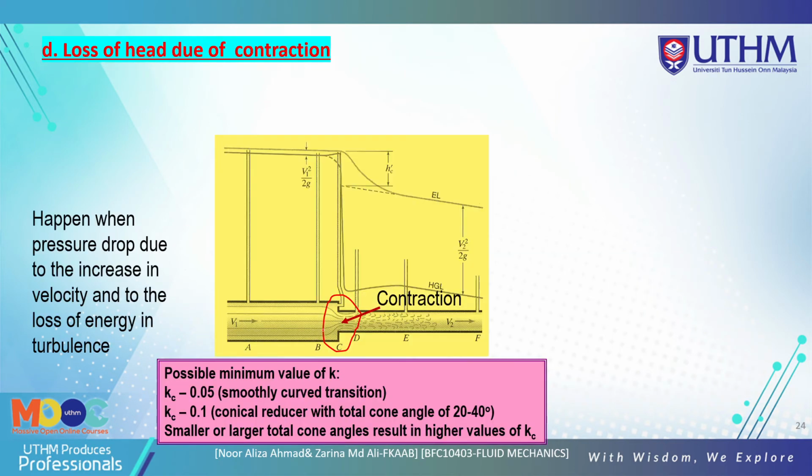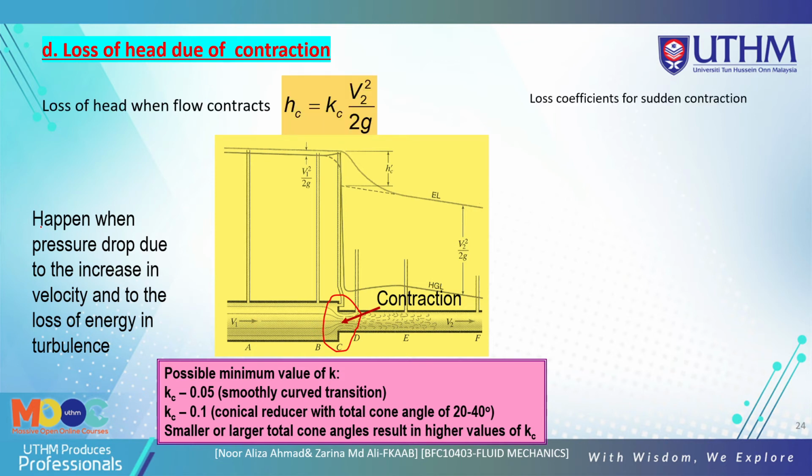Okay, now we look at the loss of head due to contraction. So this is based on the contraction here. It happens when pressure drops due to the increase in the velocity and the loss of energy in turbulence. So this is the contraction.